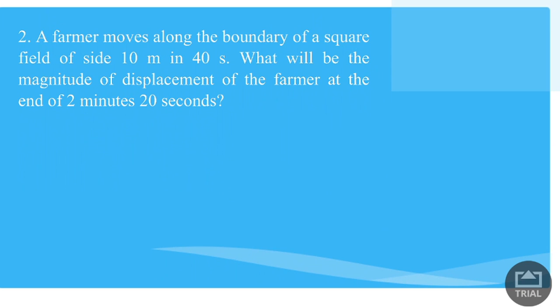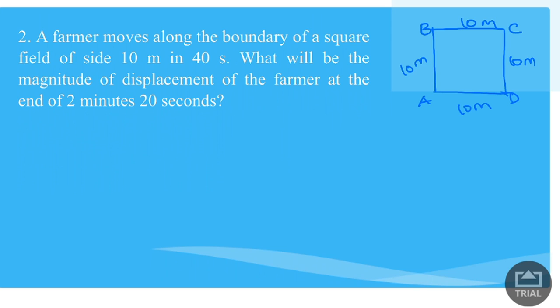A farmer moves along the boundary of a square field of side 10 meters in 40 seconds. You mark the boundaries. Each side has 10 meters, and he has moved along the boundary of the square field.